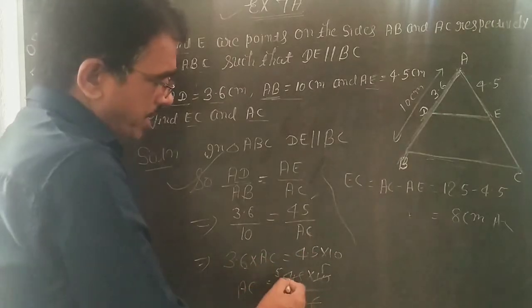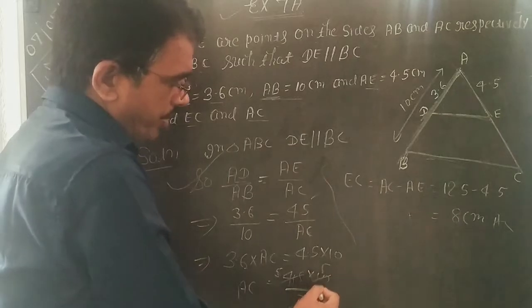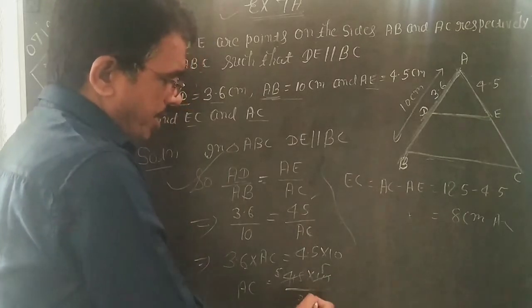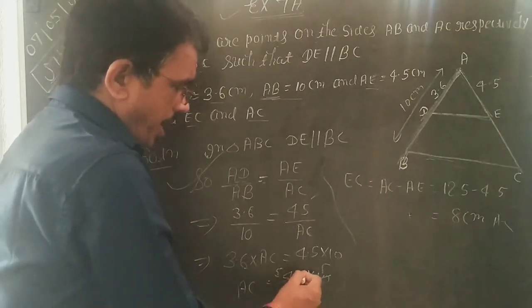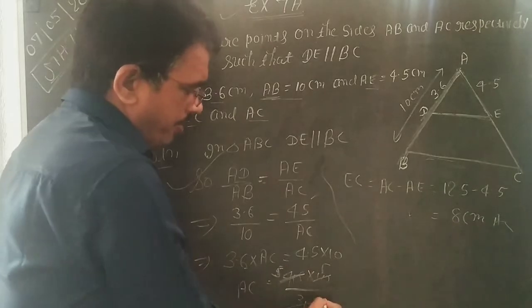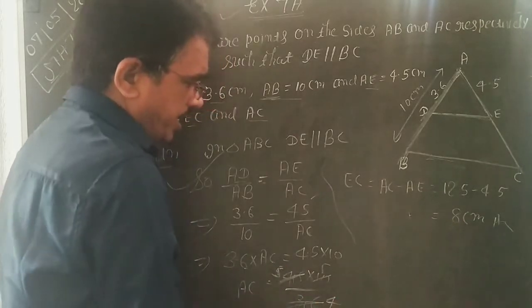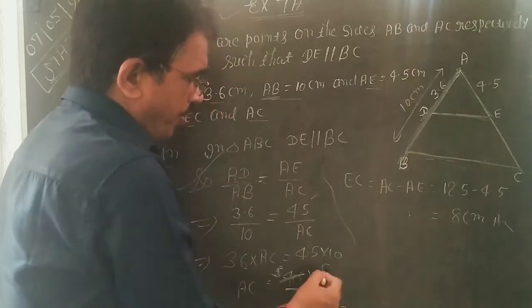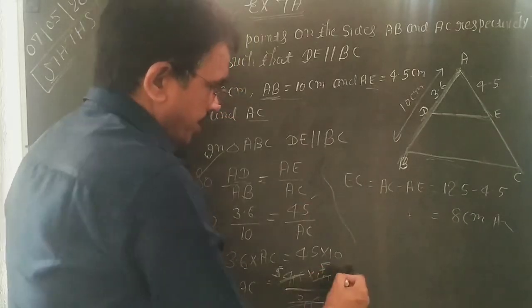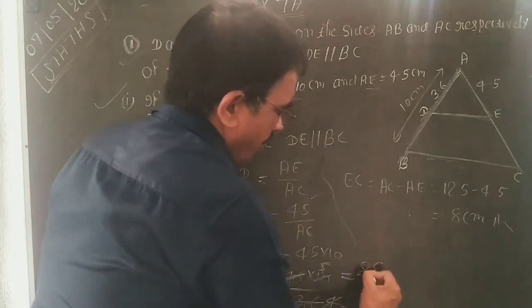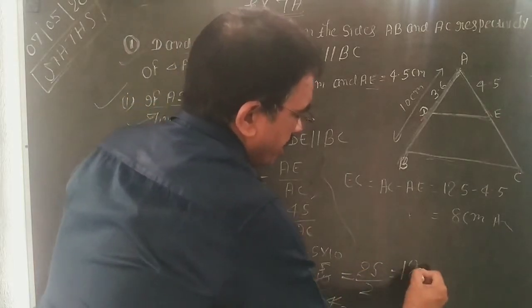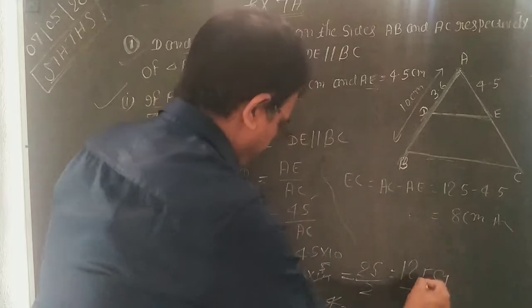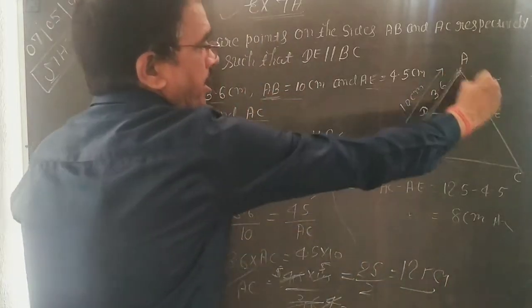So AC is 4.5 into 10 by 3.6. You cancel by 9. 9 5s are 45 and 9 4s are 36. And 4 2s are 2 2s are 4 and 5 2s are 10. So it is 25 by 2, that is 12.5 cm, and it is equal to AC.